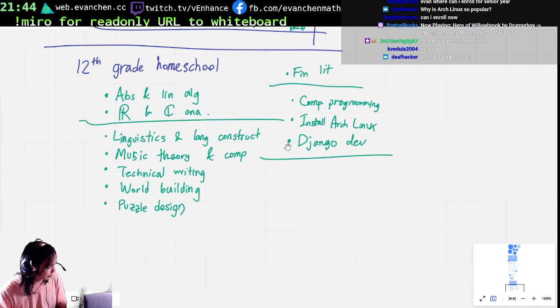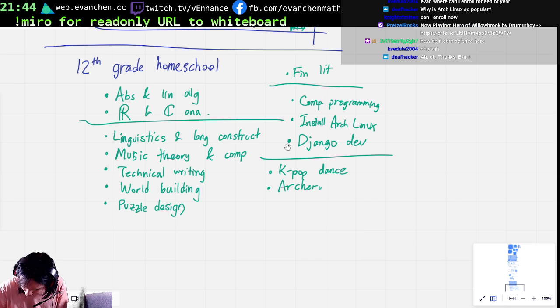Okay, what else? We need PE, right? So K-pop dance, obviously. Archery, ballroom? I don't know if I could actually get a pistol instructor, sadly. That sounds like it requires a lot of equipment. Actually, even archery might be a bit of a stretch.